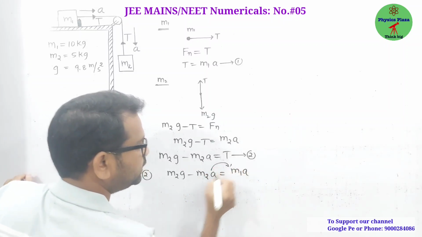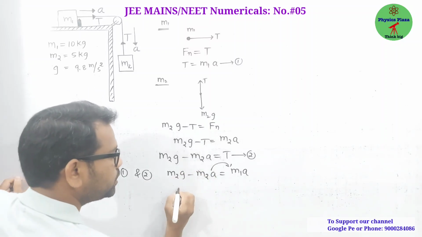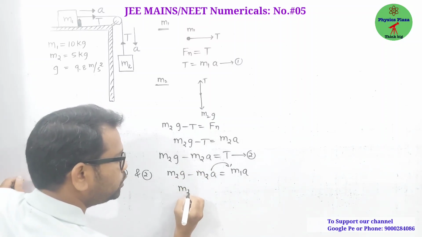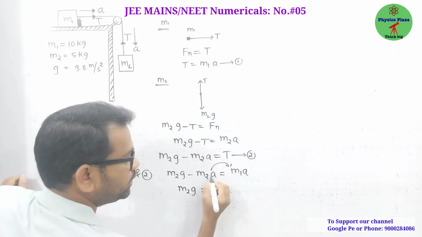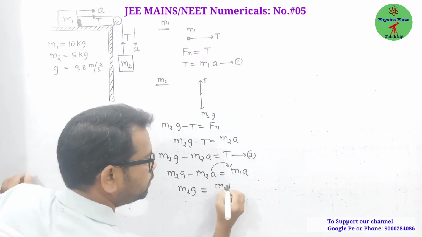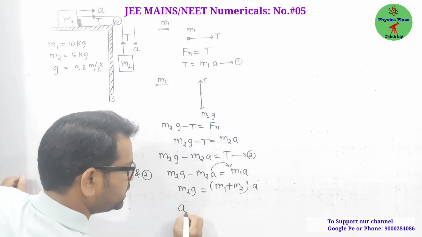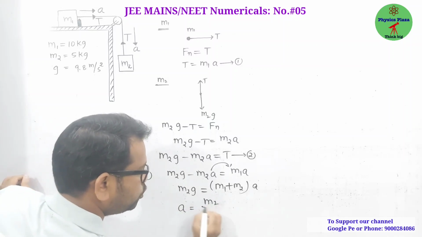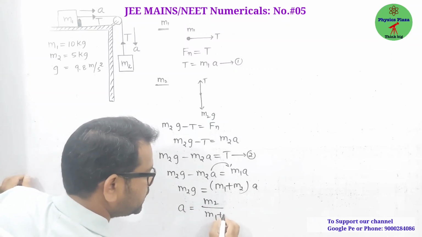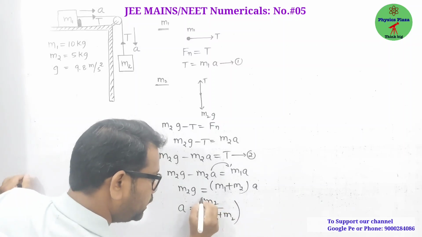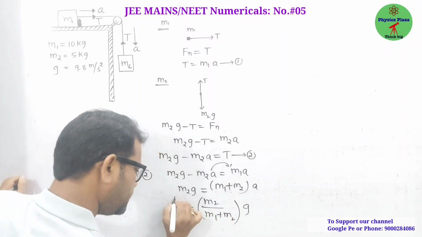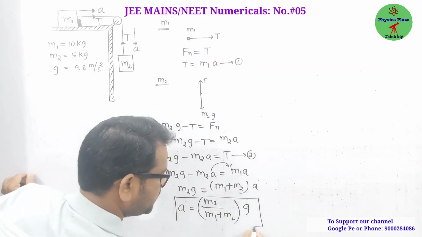Take this to the other side because we need the acceleration term. So M2G is equal to, taking A as common, M1 plus M2 into A. So acceleration is equal to M2 by M1 plus M2 into G. This is the expression for the acceleration.